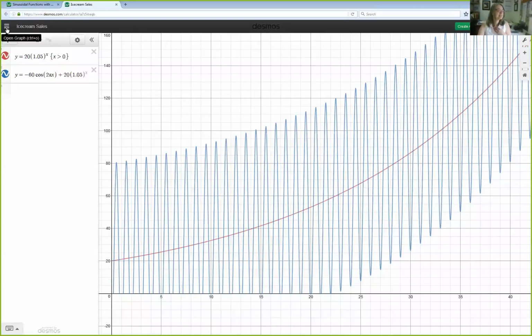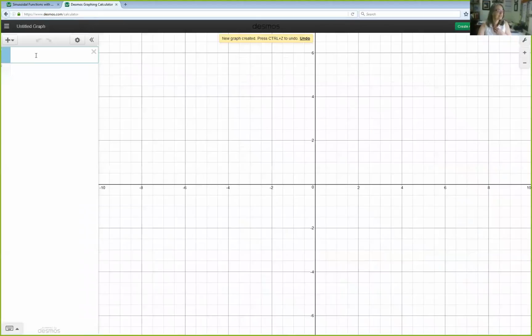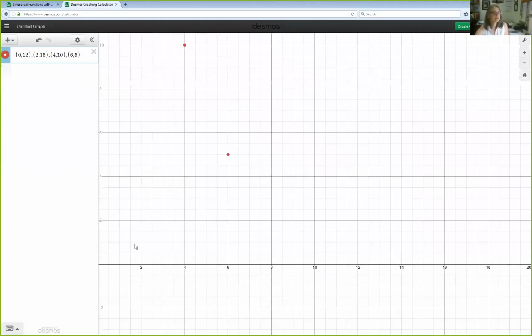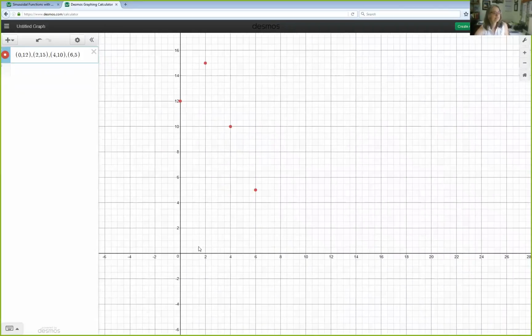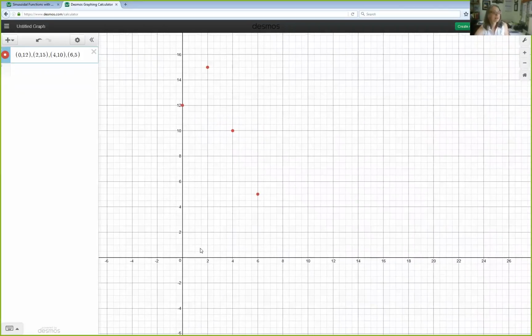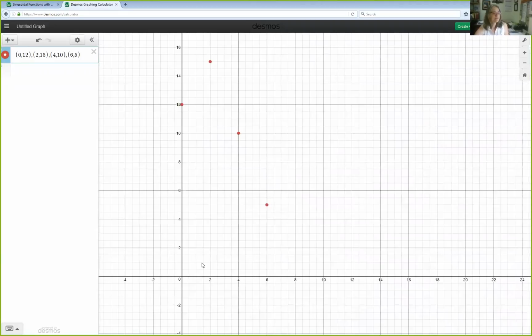And I neglected to save my graph for this, so we'll build it together. Let's start by putting our points on, just so we can check ourselves. Okay, there are our points.